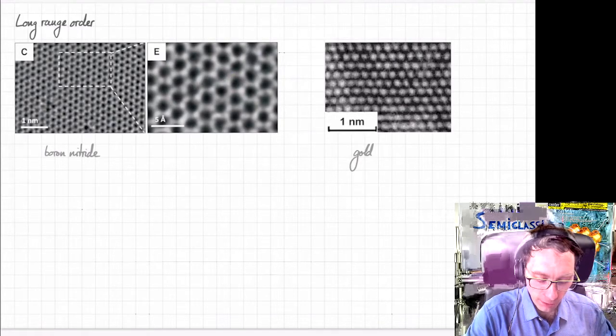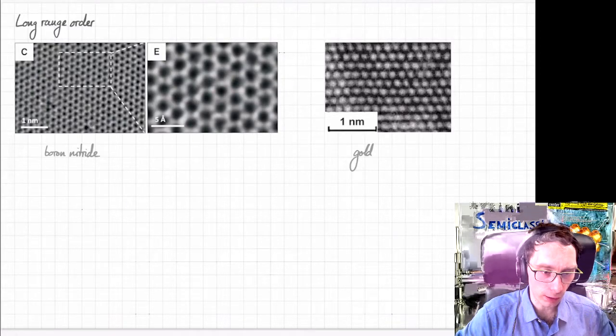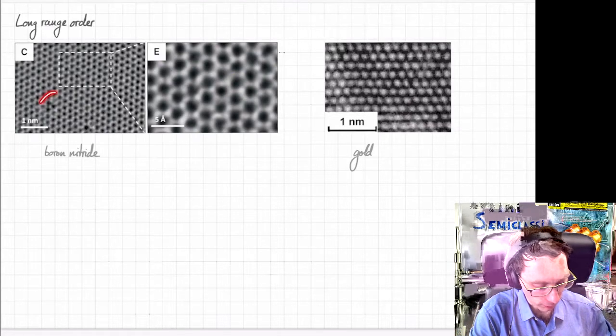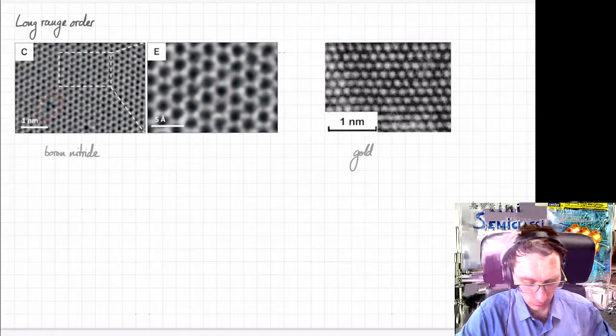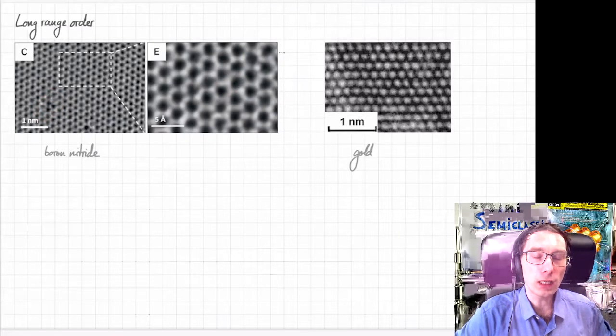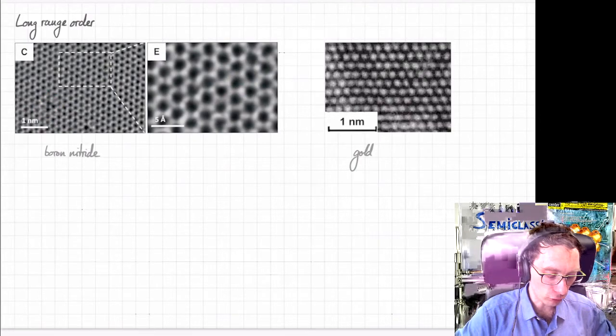So in both cases, you see that these are arranged very, very regularly. And of course, in realistic samples, there may be defects or maybe irregularities, but to leading order, mathematically speaking, you have a translational symmetry.